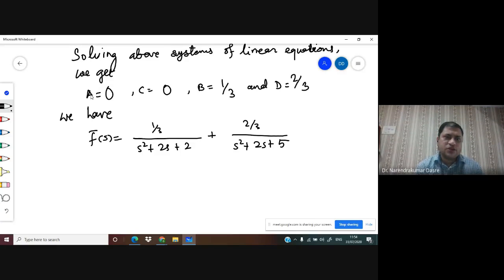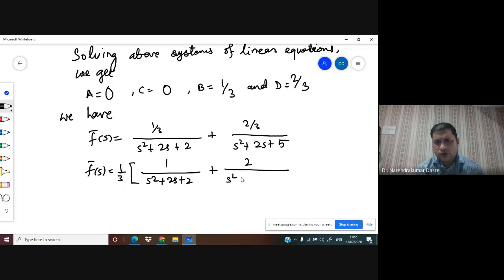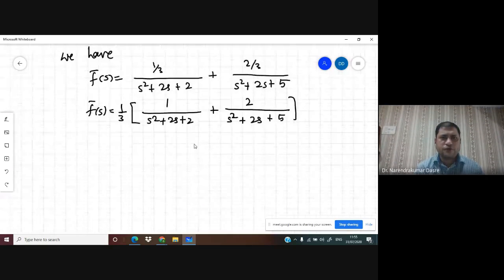Because a is equal to 0, so as plus b, and this was cs plus d. So a is equal to 0, c is equal to 0, so I'll be having b and d here. And moreover, we can have this 1 by 3 common. So I'll be having 1 upon s square plus 2s plus 2 plus 2 upon s square plus 2s plus 5. Okay, so this is what you have.